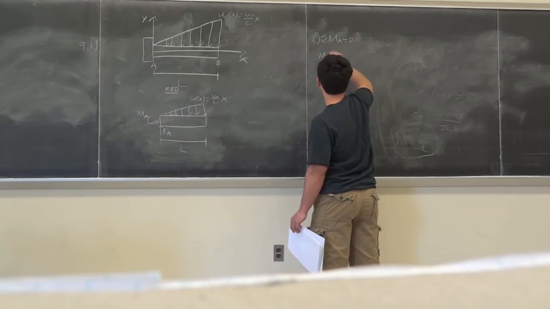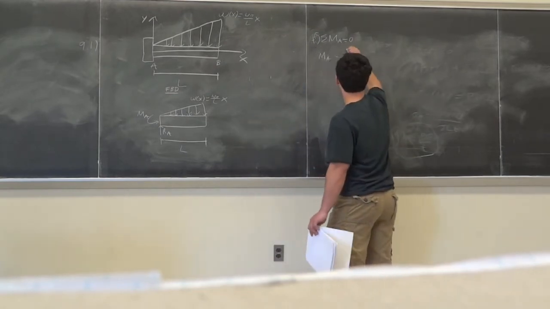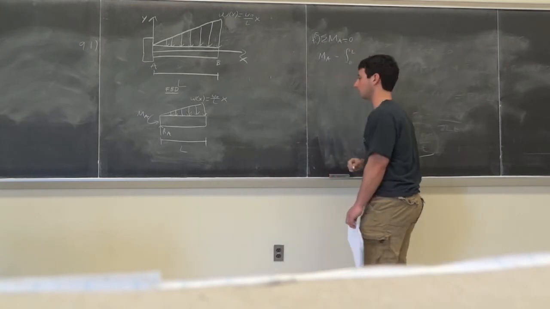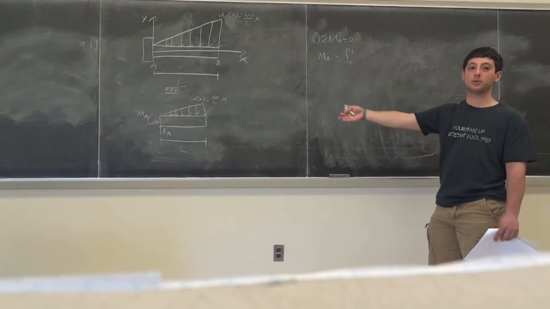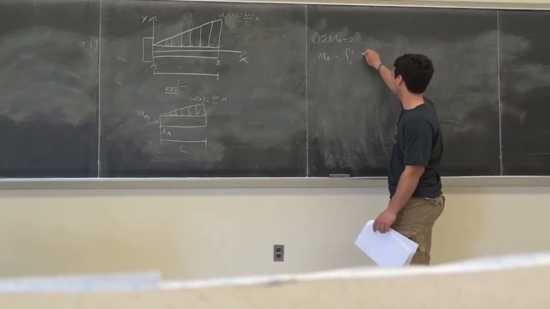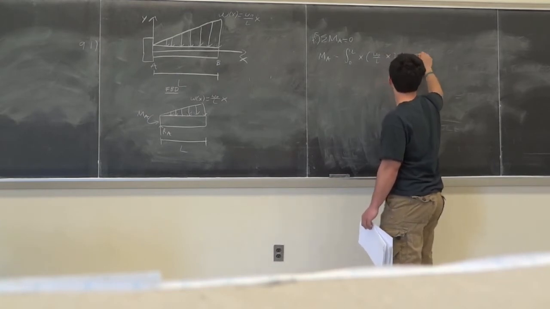So we have MA because that's going counterclockwise. And then we have minus the integral from 0 to L. What do we have? A moment is x times W of x. So it's x times W naught over L x dx is equal to 0.